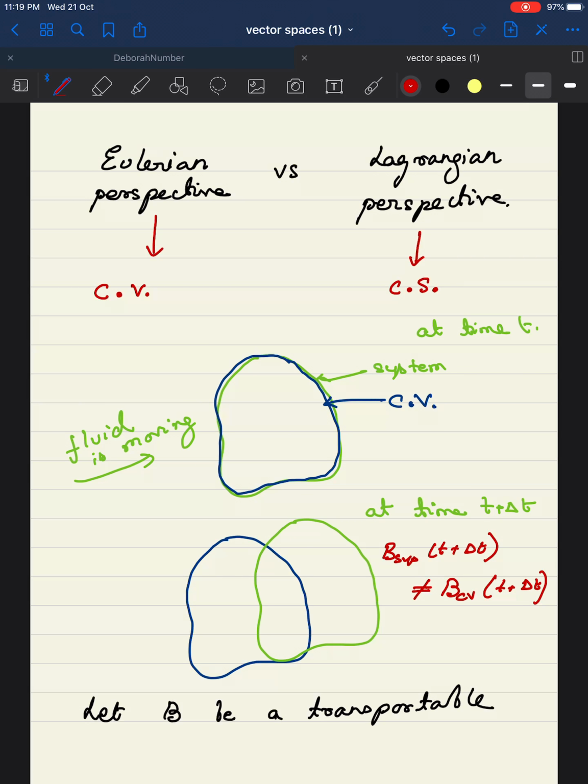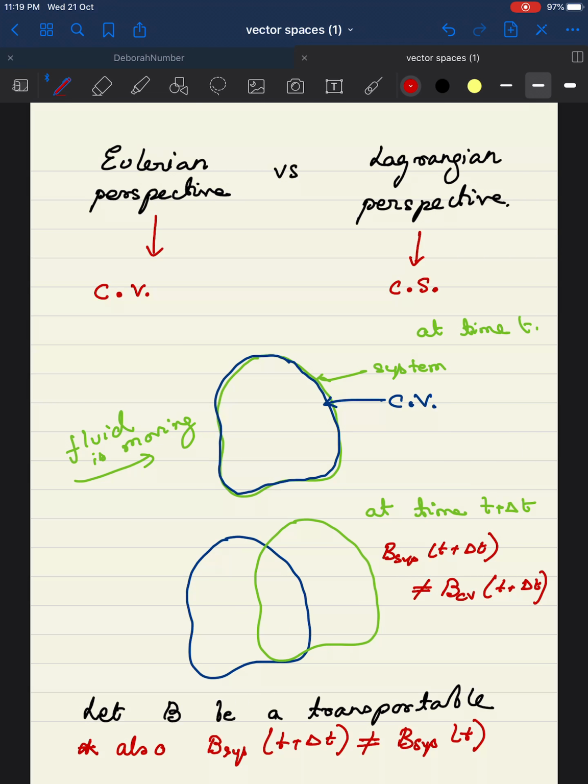Moreover, by the way, in general, your capital B might itself be changing with time. So I'll just make a note here: B system at t plus delta t is not necessarily equal to B system at t. Why that is so, we'll see when we do examples.